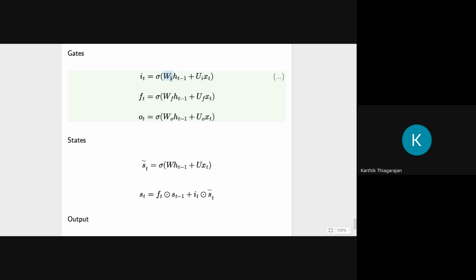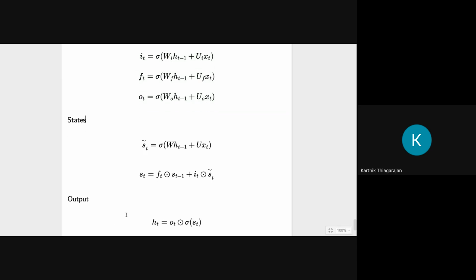WI, for example, will have the information of what to select from the previous output, and UI will have information about what to select from the current time step input for the input gate. Likewise for FT, WF will know what to forget from my previous output, and UF will know what to forget from my current time step. I'm just very crudely representing these things, but that is with respect to the gates, states, and the output in LSTM.